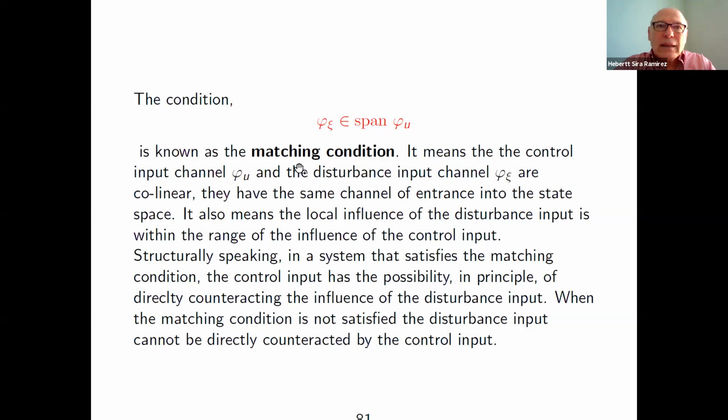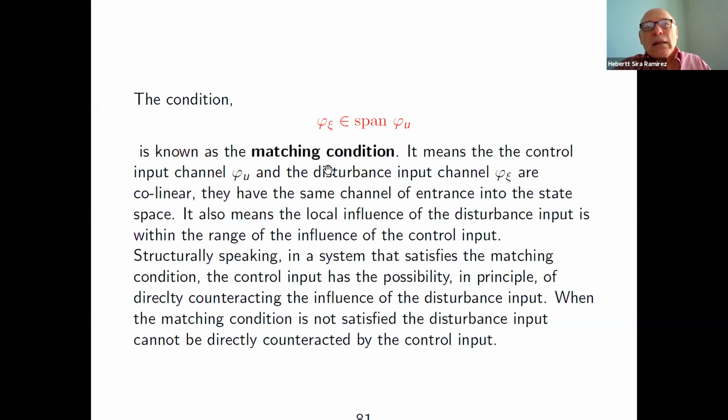And it means then that alignability, that structural possibility of disturbance and control acting in a similar manner. And when you examine, let's say, the tangent space to the incipient motions of the state, they are both pointed in the same subspace, although the directions can be completely different. Therefore, it's a structural condition.